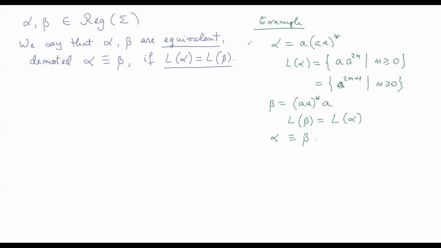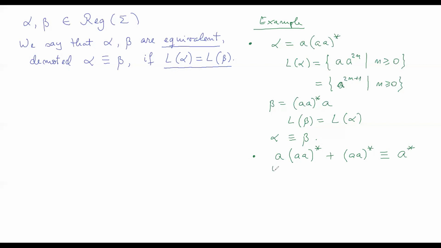But here is another example. If I continue somehow the same line of thought, you can also realize that if I'm writing alpha as A followed by the star of AA, and I take the union with (AA) star, this in fact is equivalent to A star.